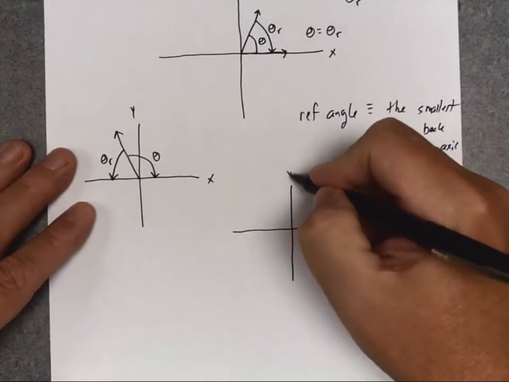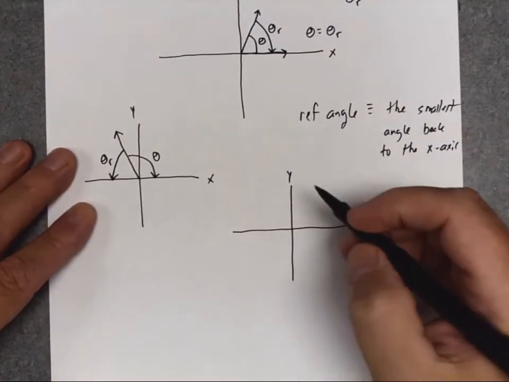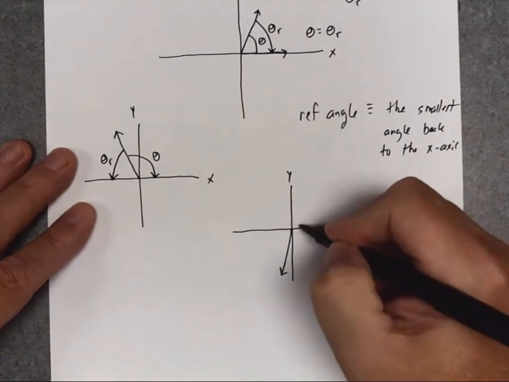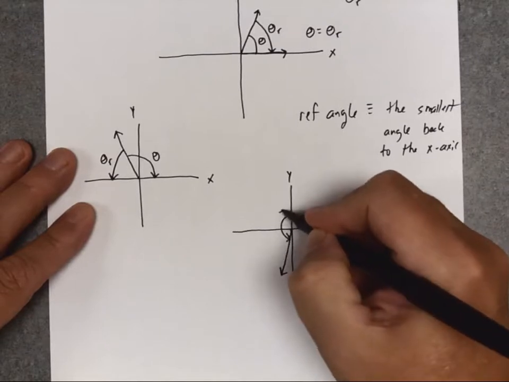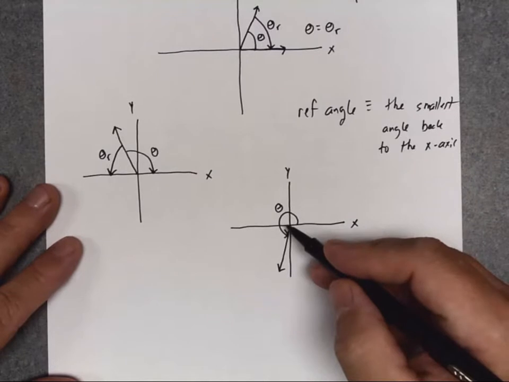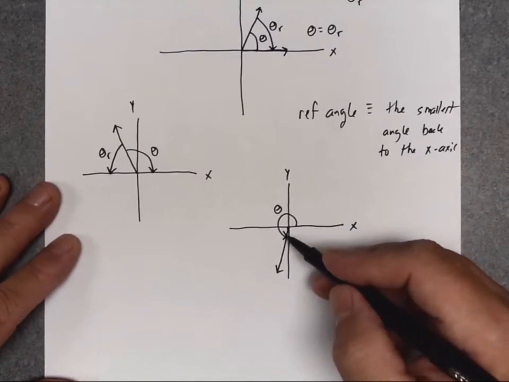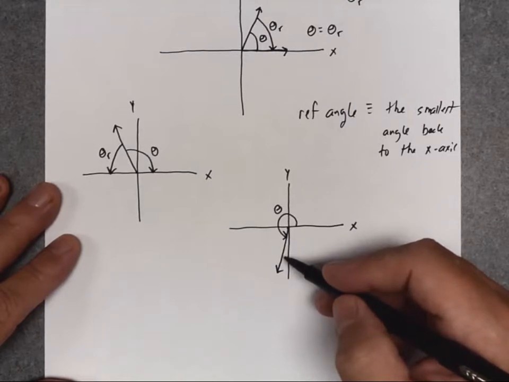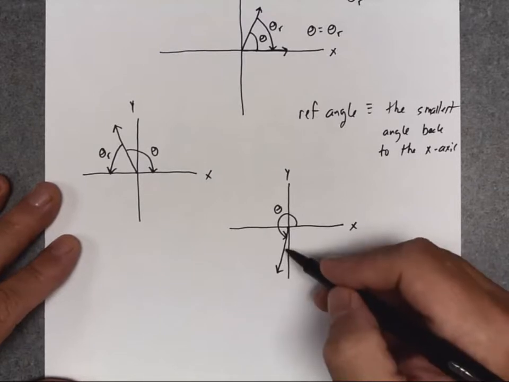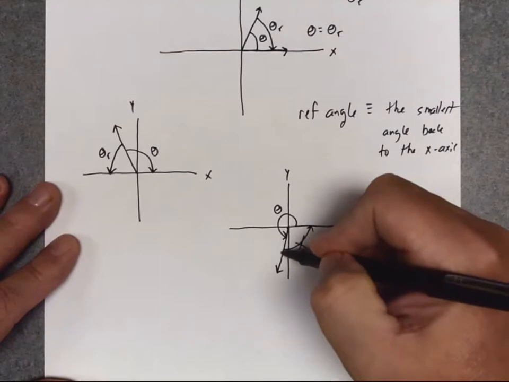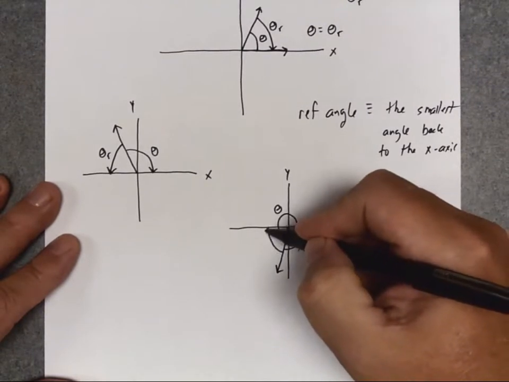How about if I draw an angle in the third quadrant? Say this is my angle right here. Now I want to find the reference angle for this angle. Once again, I go to the terminal side of my angle and try to find the shortest distance to the x-axis. Would I go here? No, I would not. The shortest distance is right here.